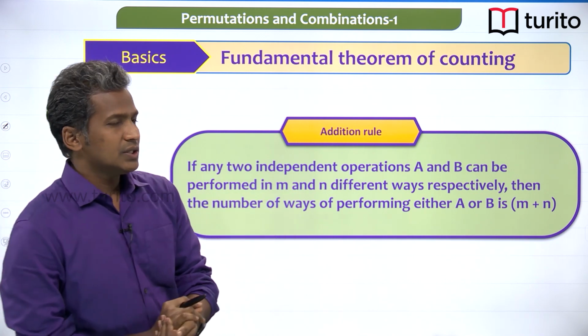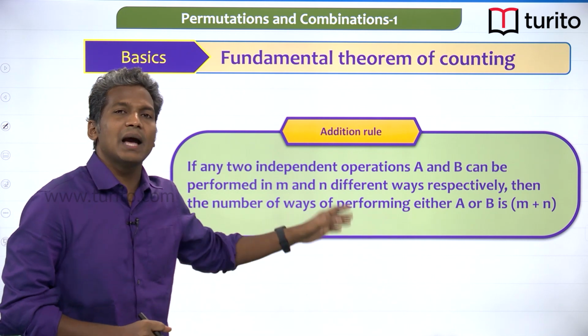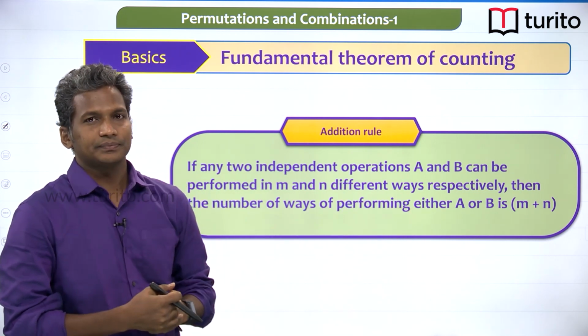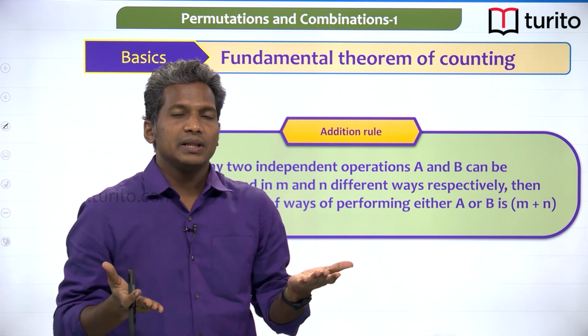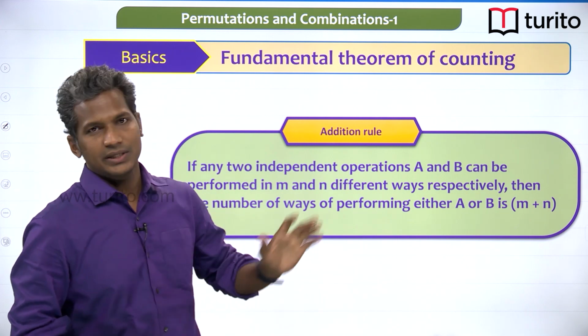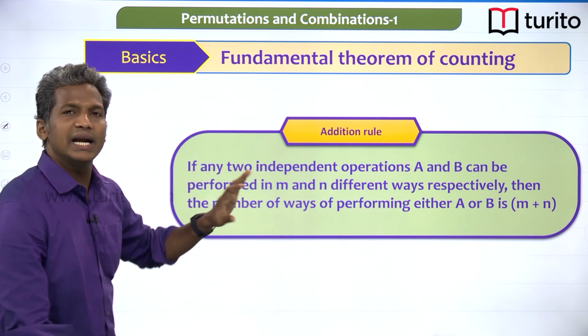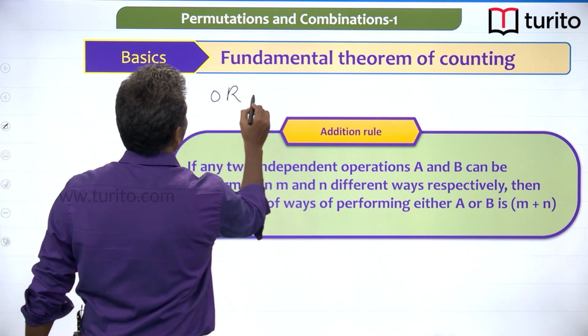Here it says A or B can happen in m plus n ways. So, if there is an OR relation between A and B, then we have to add the total number of ways. That is what it means. So, we can also call this addition rule the OR rule.